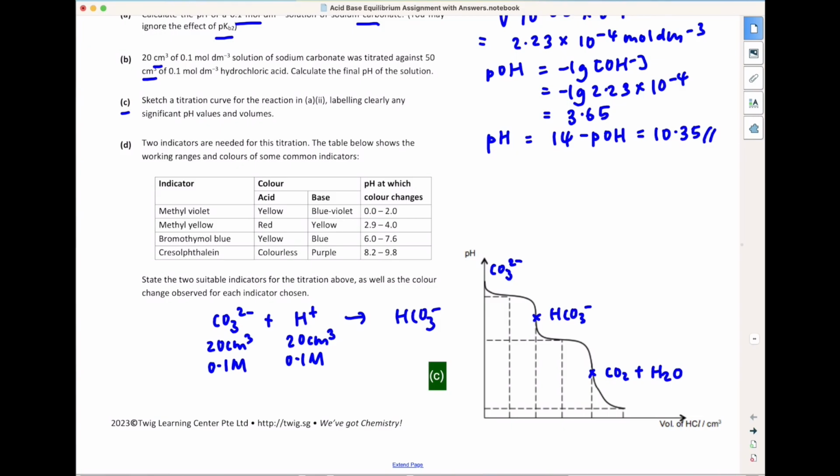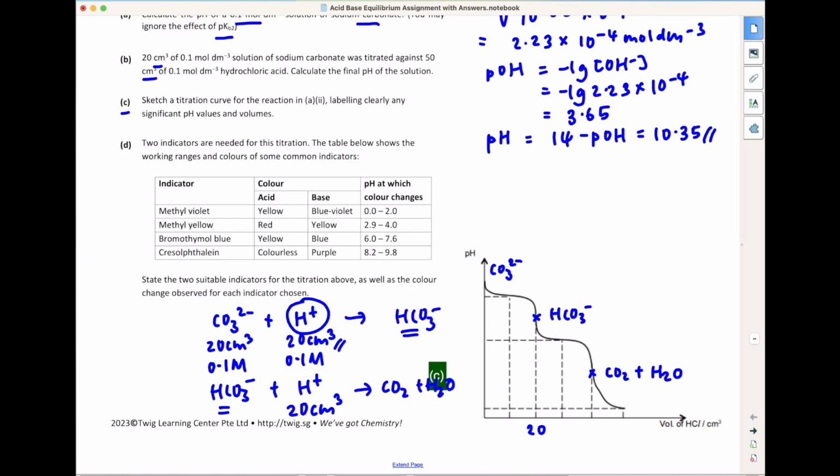I just showed you that you need 20 cm³ of H+ to form HCO3-, so this is 20. The HCO3- will need another 20 cm³ to become CO2 plus H2O.